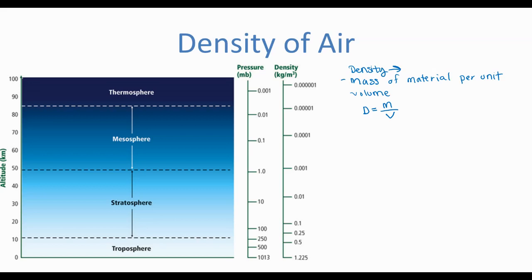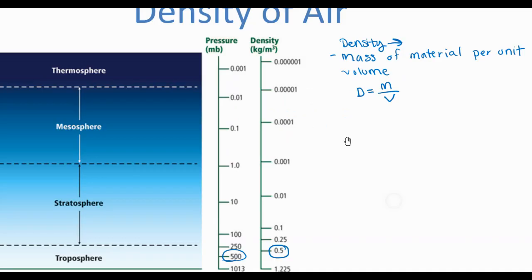With the atmosphere, if you look here at this picture, we have the pressure at 500 millibars, and we also have density at 0.5 kilograms per cubic meter. But as you go up, you can see that number gets smaller for both.